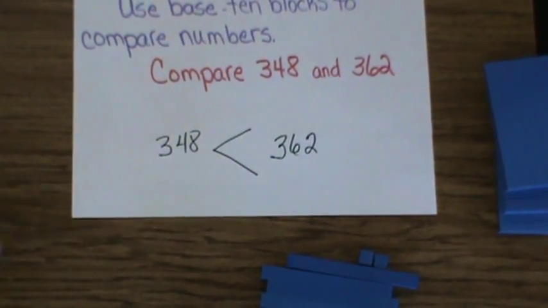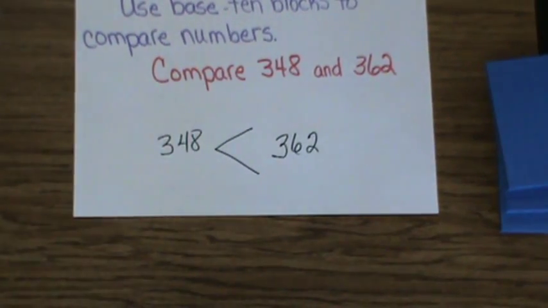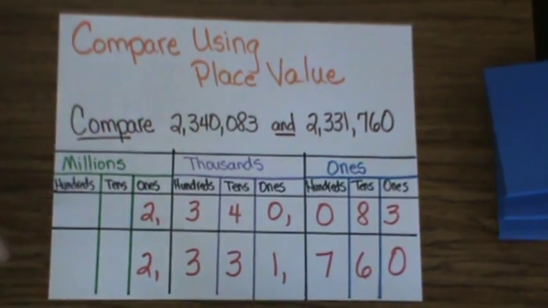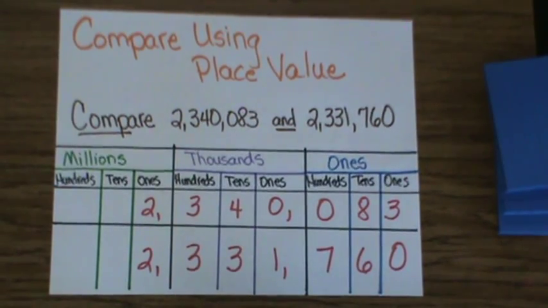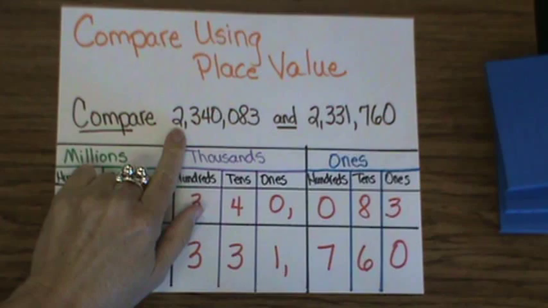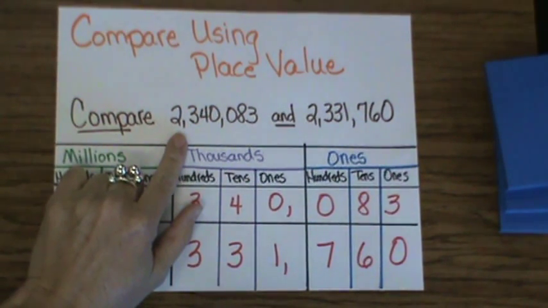All right, one more way we can compare numbers. We've used the number line, we've used base 10 blocks, and then finally we're going to compare using place values. So now I've picked some big numbers for us. Okay, I want you to think this number in your head as I read it on the paper. See if you're right.